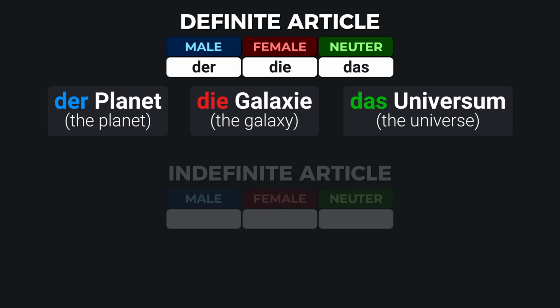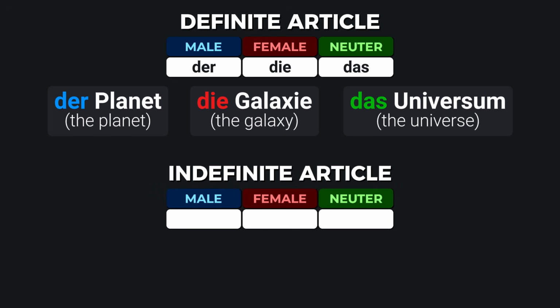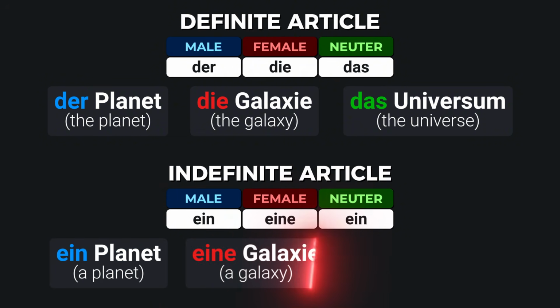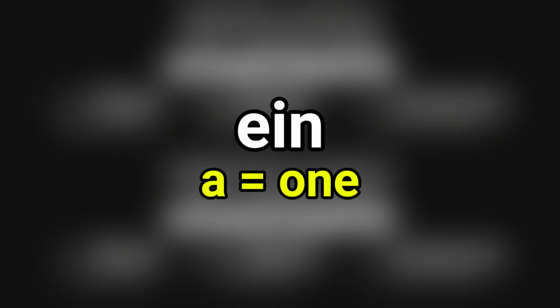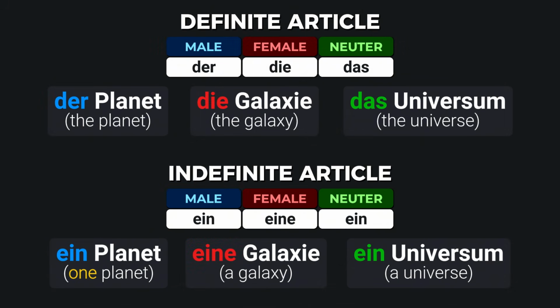Those are the definite ones. The same of course applies to the indefinite articles ein, eine, ein. Ein Planet, eine Galaxie, ein Universum. A planet, a galaxy, a universe. One little side note here, in German there is no difference between the indefinite article and the number 1. So these could also mean one planet, one galaxy, and one universe.